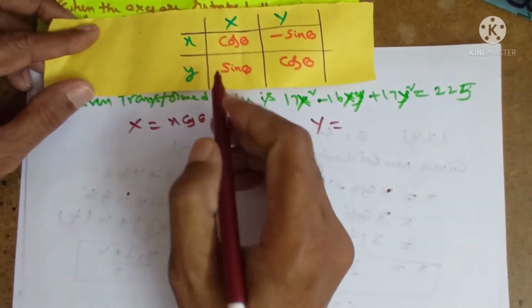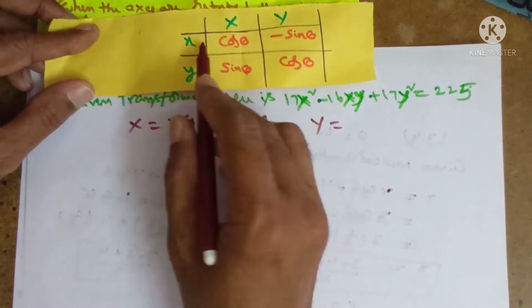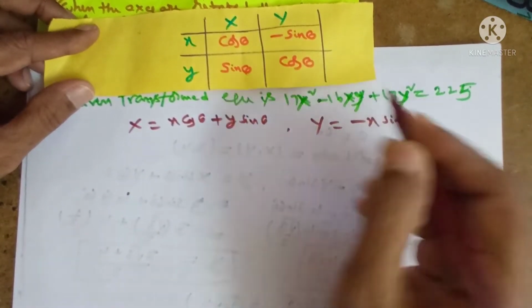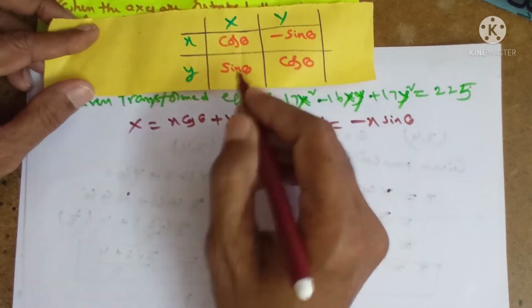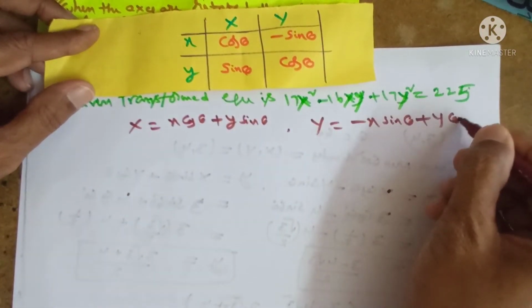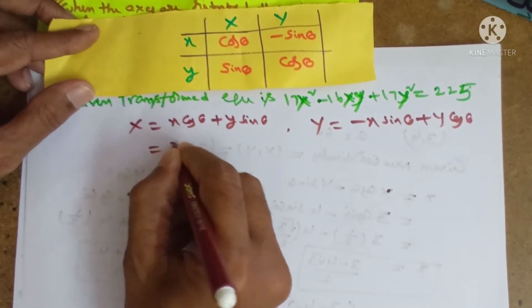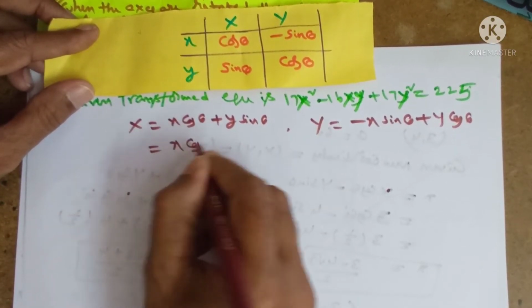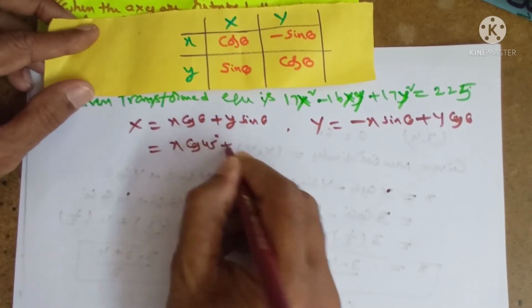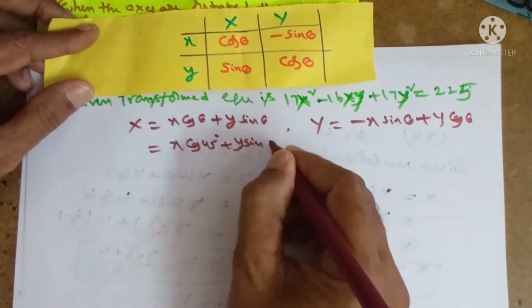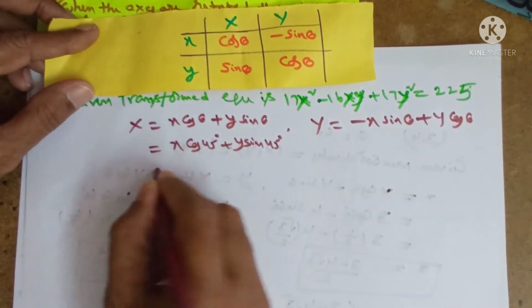Capital Y is equal to minus x into sin plus y into cos. This is equal to x cos 45 plus y sin 45, theta means 45.